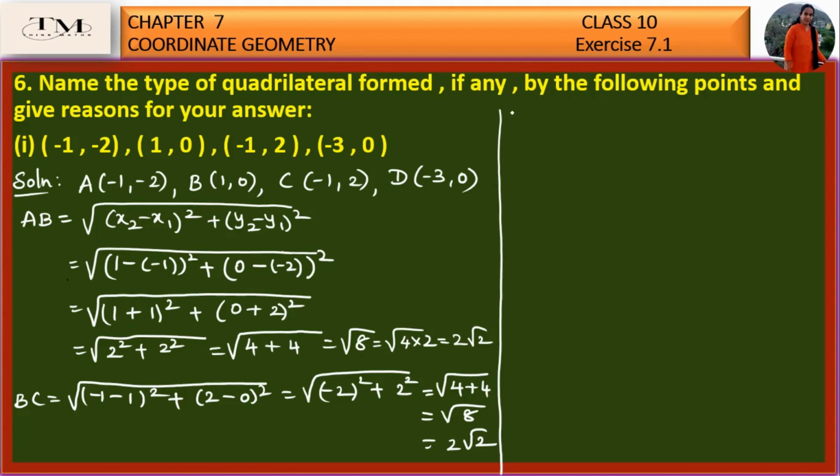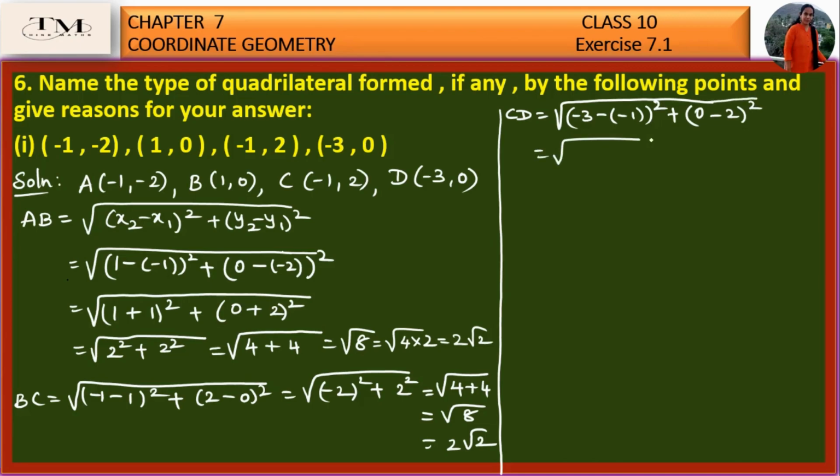We found BC. Next CD. So CD is equal to the square root of (minus 3 minus x1, which is minus 1) whole square plus (y2, which is 0, minus y1, which is 2) so (0 minus 2) whole square.